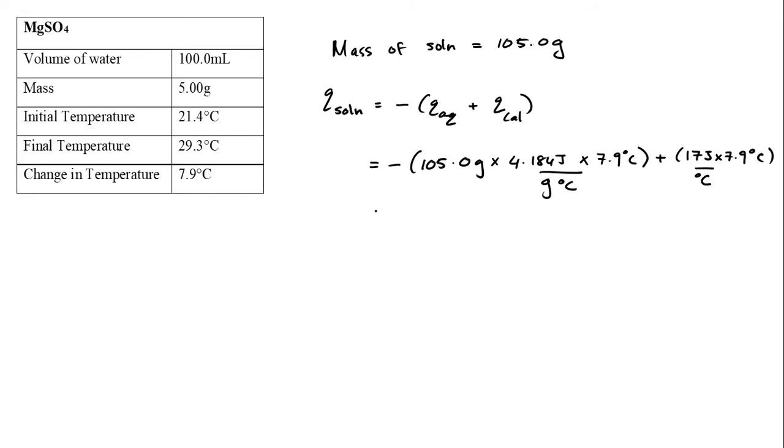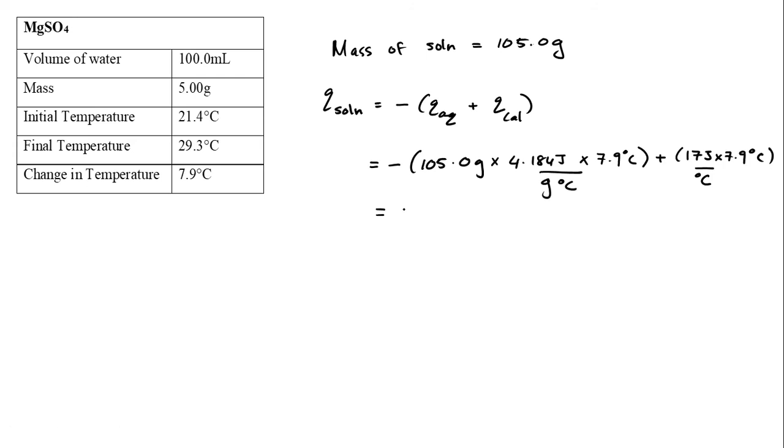So let's calculate this out. 105 times 4.184 times 7.9 gave me 3,470.628, and this is going to be in joules because grams and grams cancel out, degrees Celsius cancel out, joules, plus I think 134 joules.